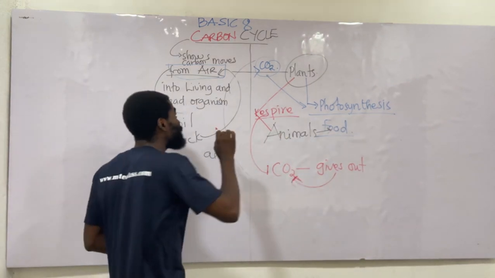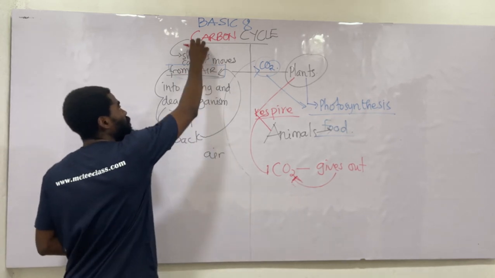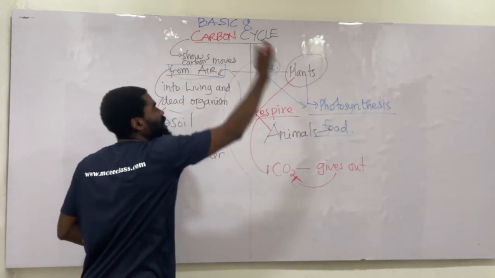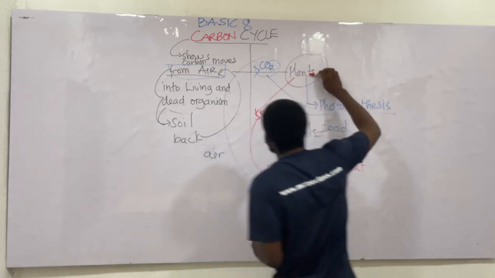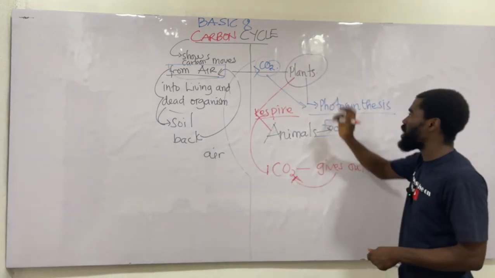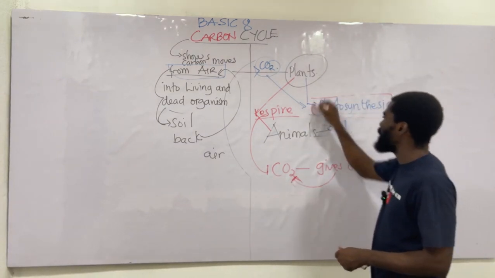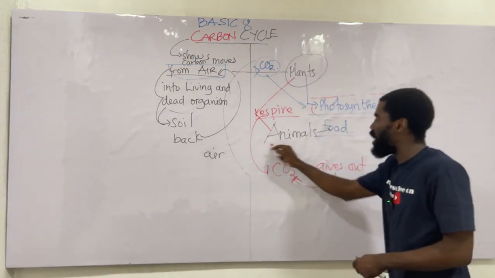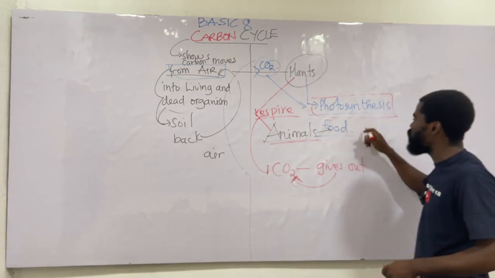You look at the circulation, we are saying that the carbon goes from the atmosphere. How would the carbon get out of the atmosphere into living things? The plants are the first to do that. They absorb the CO2, in the presence of sunlight and chlorophyll, they manufacture their food through photosynthesis. Then the animals or human beings will now feed on the food that is produced.